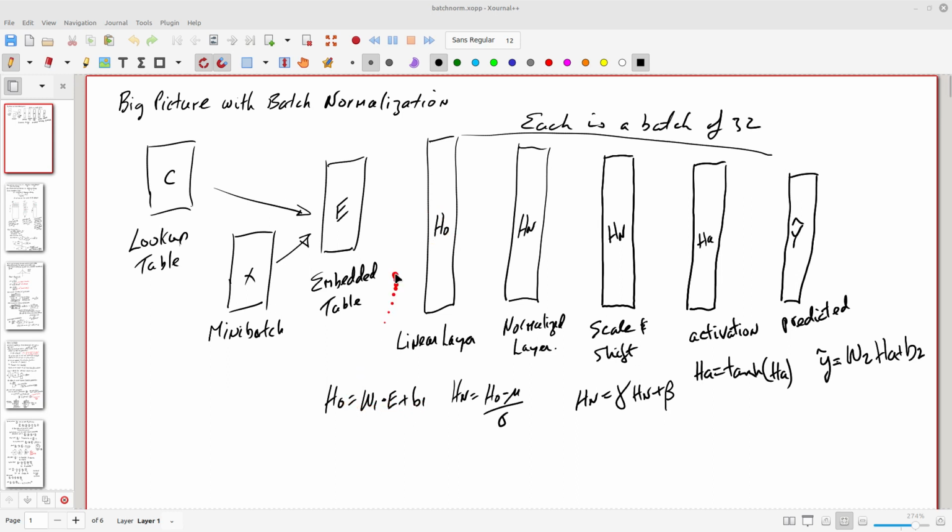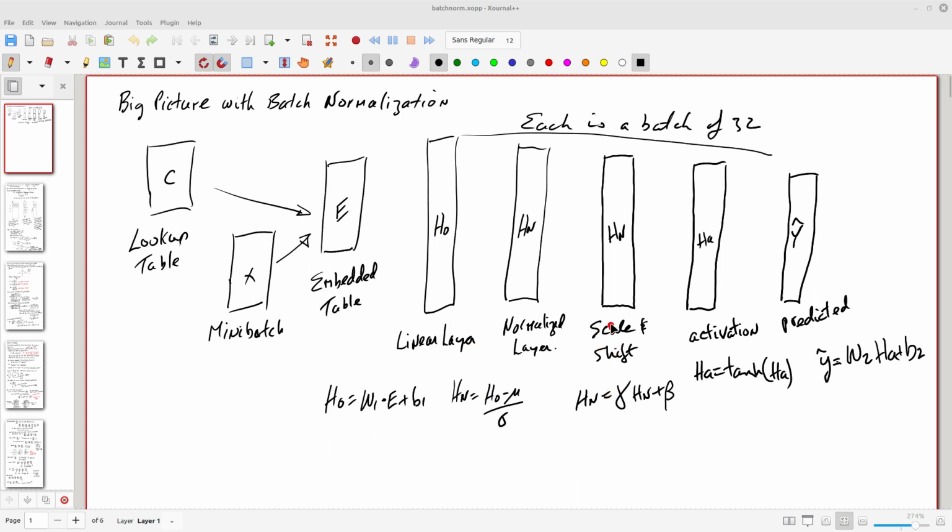And that's how we generate this first layer here.